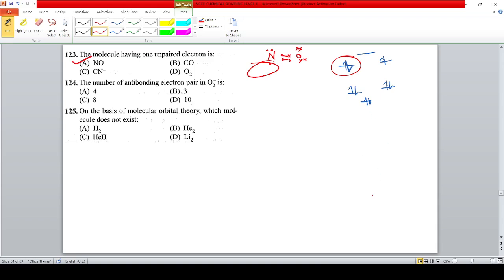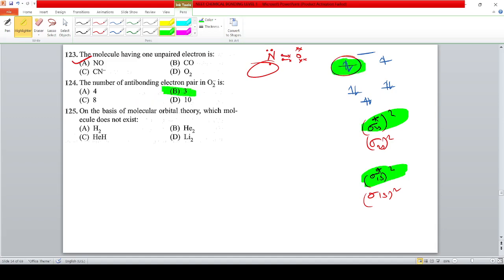Then sigma 1s, sigma star 1s, sigma 2s, sigma star 2s. So, here also they are completely filled, right? So, this is an antibonding pair, this is another antibonding pair, and this is another antibonding pair. So, 3 antibonding pairs.